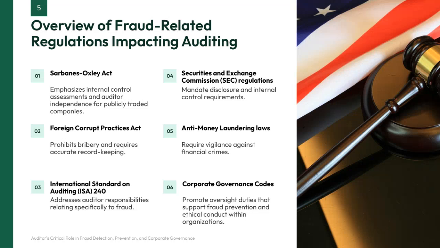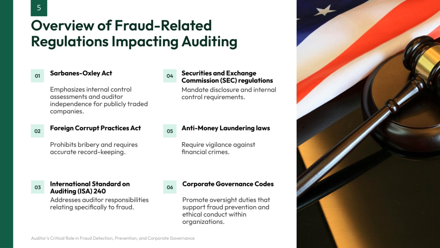Let's look at some of the key regulations that significantly impact auditing in relation to fraud. First, the Sarbanes-Oxley Act places a strong emphasis on internal control assessments and ensuring auditor independence, especially for publicly traded companies. This act aims to enhance transparency and accountability.